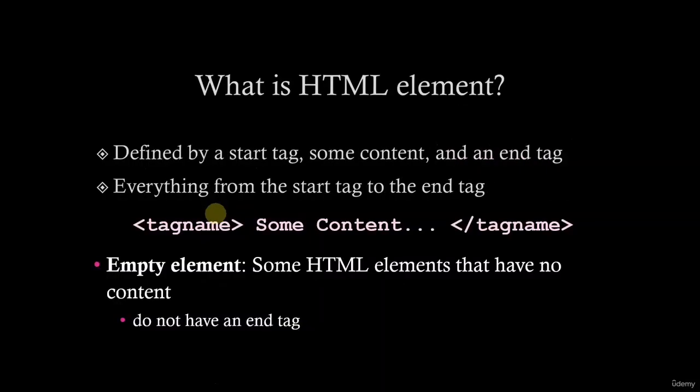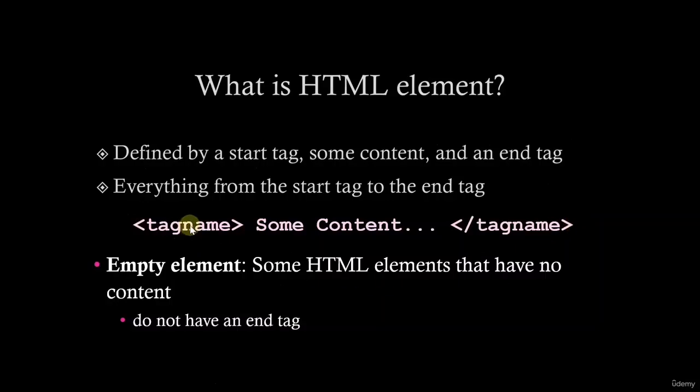During this course, I may say HTML element or HTML tag. What is an HTML element? An HTML element is defined by a start tag, some content, and an end tag. Everything from the start tag until the end tag is considered an HTML element.